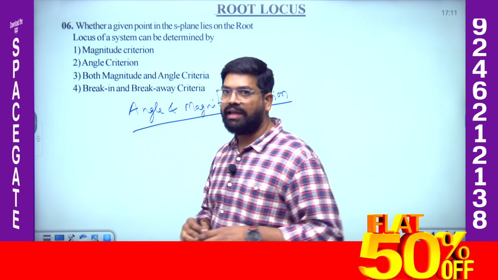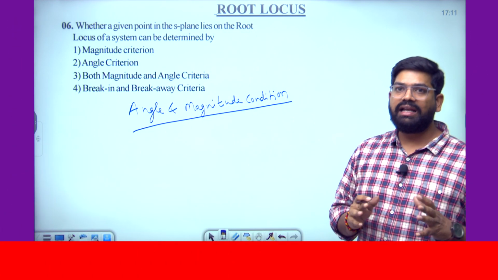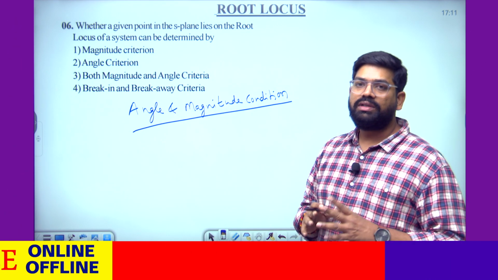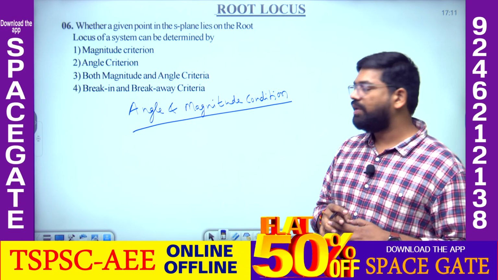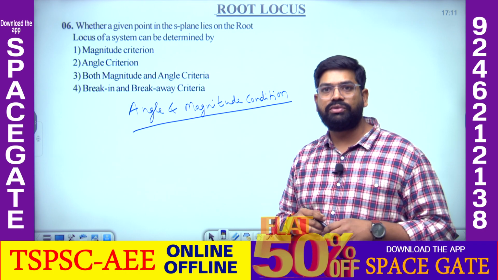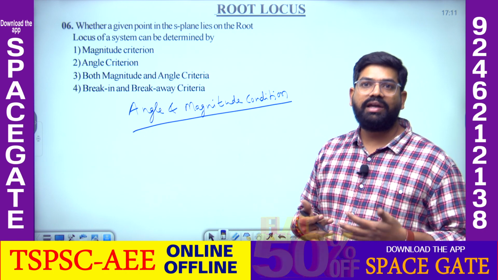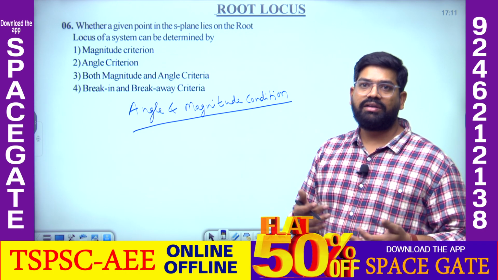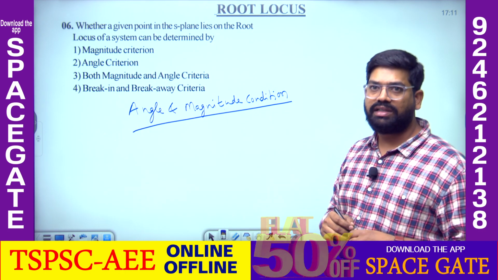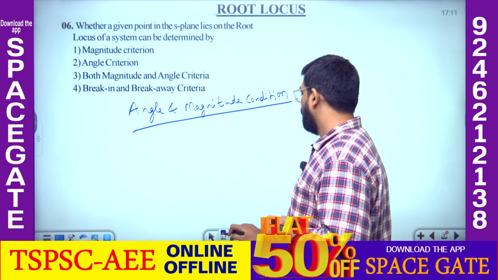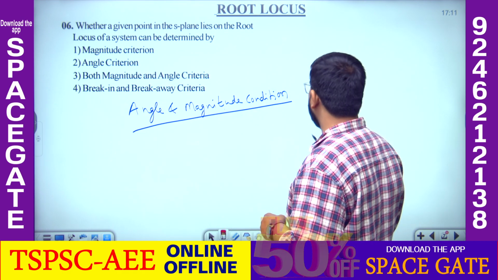Are you understanding? The angle condition's purpose is to check whether a particular point is part of the root locus or not, whereas the magnitude condition is to find the system gain k at that particular point, but it is valid only when the angle condition is satisfied.